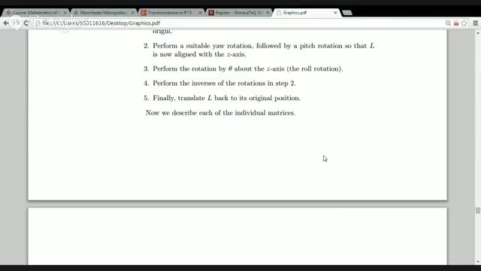So now, having done that Rx, you're now in this situation. You've now got this vector d double prime, which is the rotation axis we want to rotate around, and it's now pointing exactly along the z-axis.